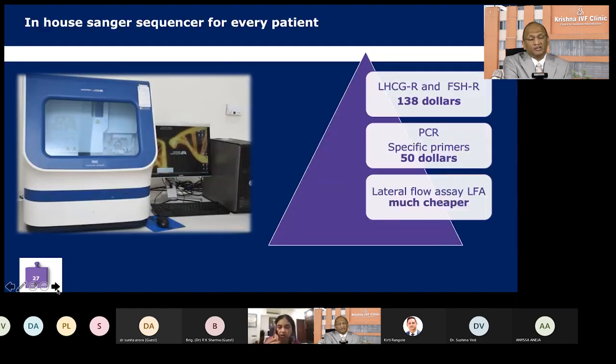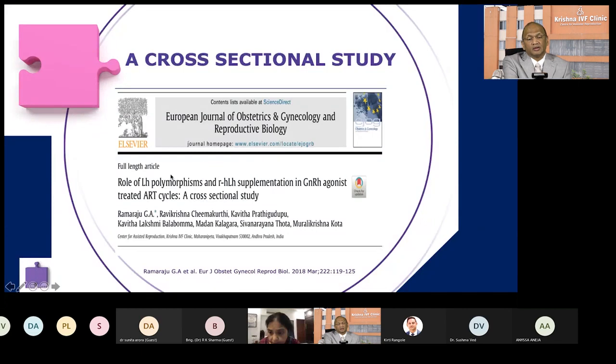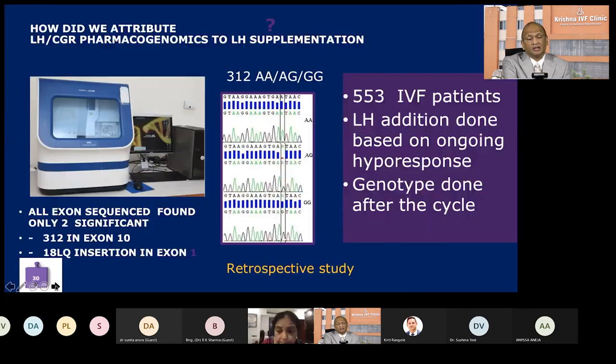We have an in-house sequencer. Then based on the lessons from the cross-sectional study and the subsequent longitudinal study, which we posted to all the SR members for sharing the knowledge, this is the study. And in this, the LH receptor gene has 3 major polymorphisms.